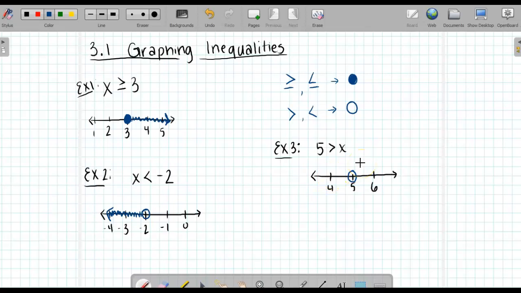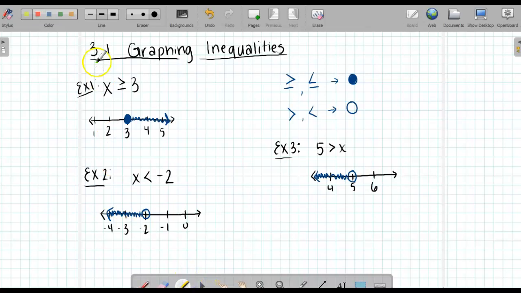And then I'm looking for numbers that make this true. So 5 is greater than x. So 5 is greater than 4. That is true. 5 is greater than 4. And it would also be true for 3 and 2 and 1 and 0 and negative 1 and all the numbers to the left of 5. However, it's not true if I plug in 6. 5 is greater than 6. That's false. So I would shade all of these to the left.